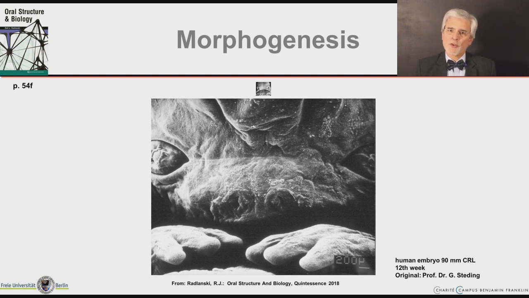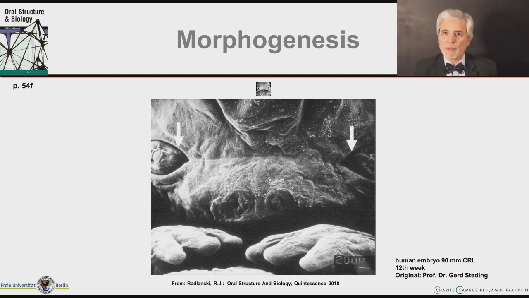This picture of the 12-week-old embryo was hanging above the lintel of my room in the embryology department in Göttingen for many years. Gerd Steding has taken the image and explained me a lot of these details. You can see the hands as they lie on the thick heart. This is just visible at the lower edge at the margin of the picture. And the eyelids are still open.